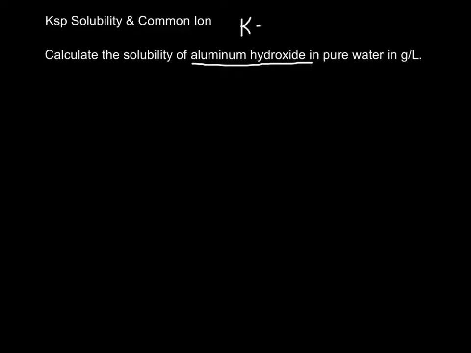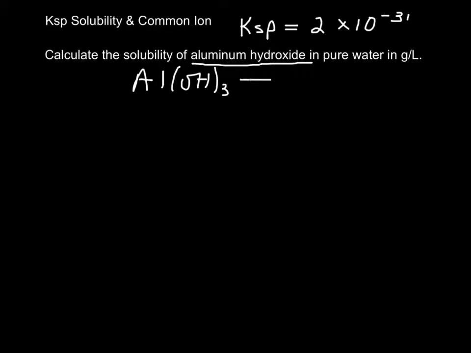And we would need to be given the Ksp for aluminum hydroxide, and that's going to be 2 times 10 to the minus 31. It only has one sig fig, but let's pretend it has 2 just for the heck of it. So first thing I do is I write the reaction. Aluminum hydroxide is going to ionize slightly to aluminum ion and 3 hydroxides.